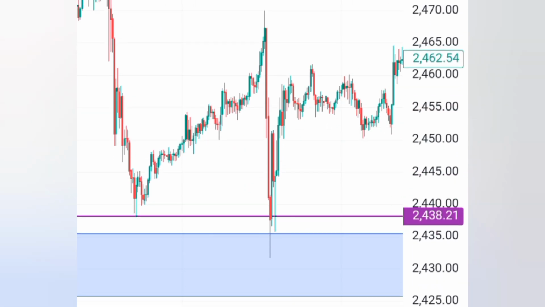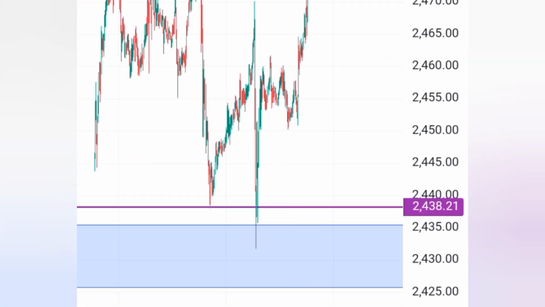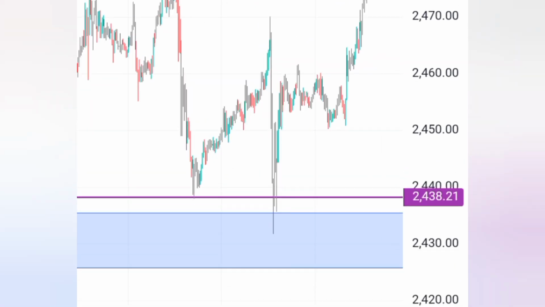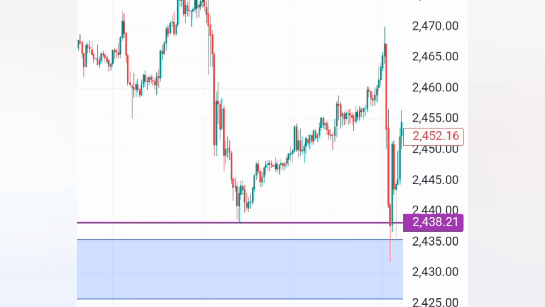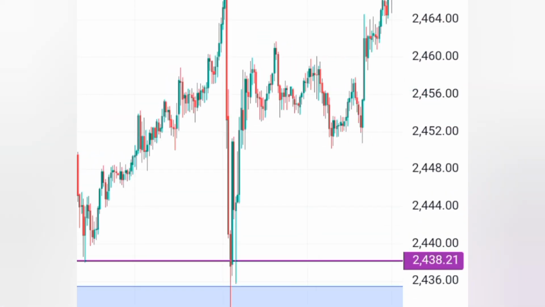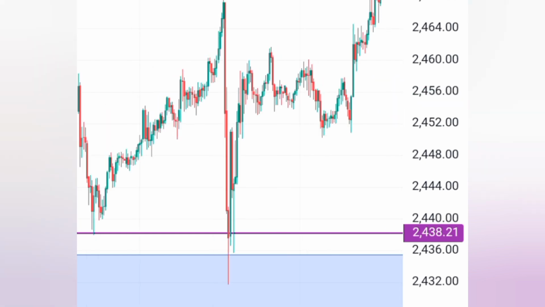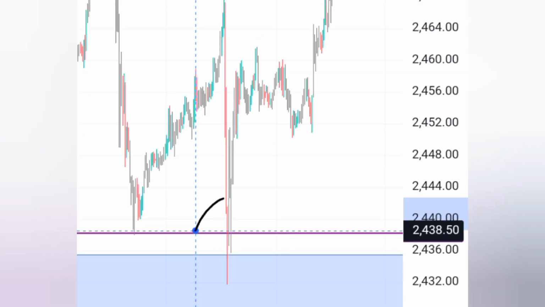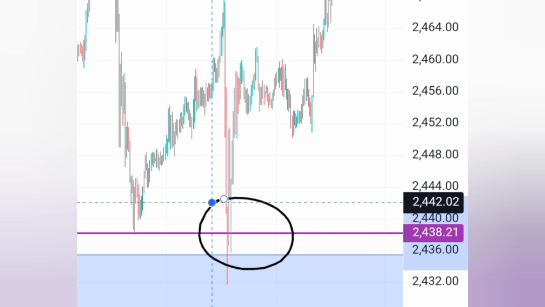We were waiting for the tap, or for the takeout of that low the market had made. After the market came and closed above that low, most of us who trade liquidity entered immediately after.